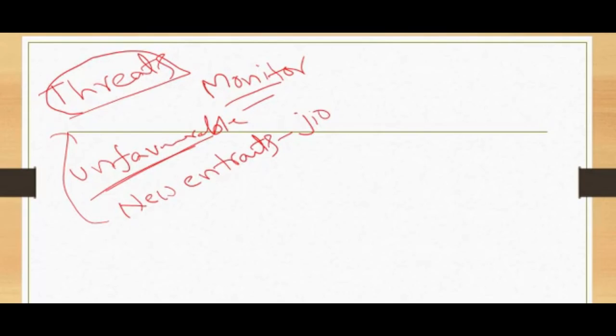So we should be very careful and watchful about new entrants, how they are doing, what they are doing, and what kind of precautions we need to take to make sure that we are not dying, we are not losing the business. And any cheaper substitute.